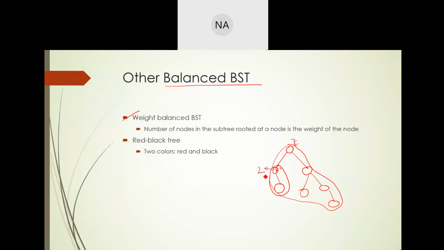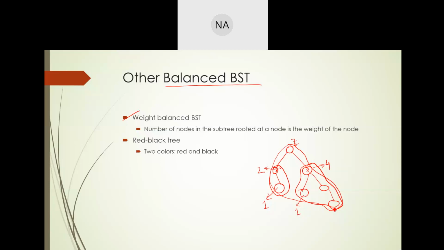Now what will be the weight of this node? What is the subtree which is rooted at this node? This one, and the number of nodes is 4. For this node, left and right subtrees are empty, so only one. This is also a leaf node, only one.